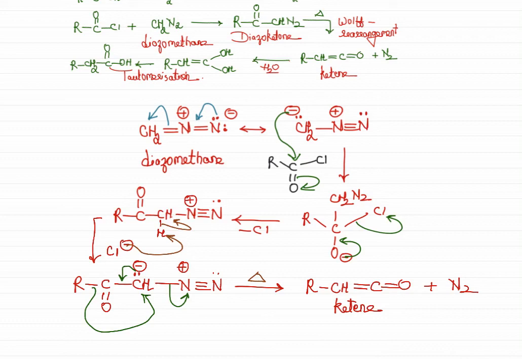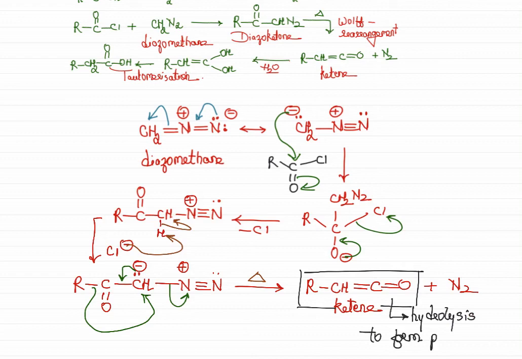And once you've got your ketene, I think you don't have to worry. You got your ketene now, so that ketene would undergo hydrolysis to form the product. So after that, things are simple, right? So I have given you the full definition of how it goes, right?